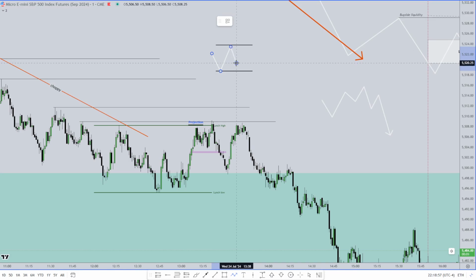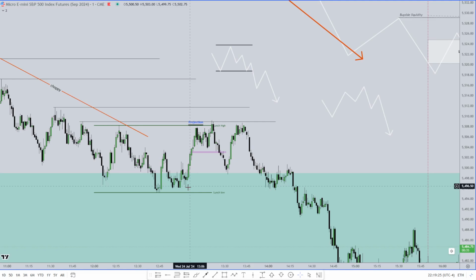High, low, makes a low, breaks the low, revisit, and go. Bearish, right? It doesn't sweep and then come back in and then go lower. It can, but what we're expecting is that it doesn't sweep. Lunch range, it does not sweep lunch low.